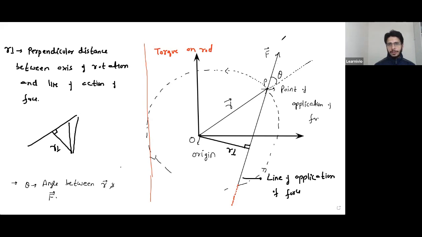In the same way, this is the line of action of force, and this is the axis of rotation, the axis about which this rod is rotating. So the minimum distance between this axis and this line of action of force is R perpendicular, which we call the perpendicular distance.